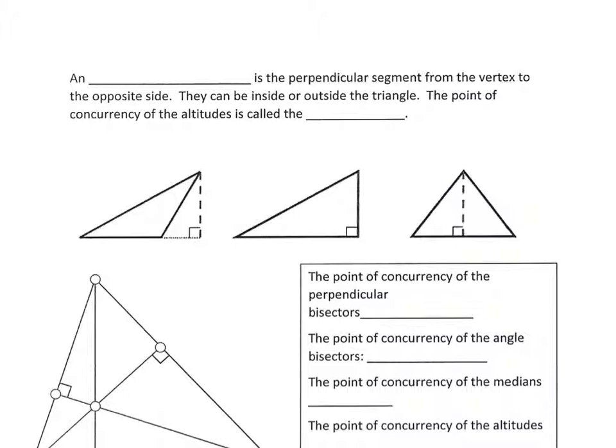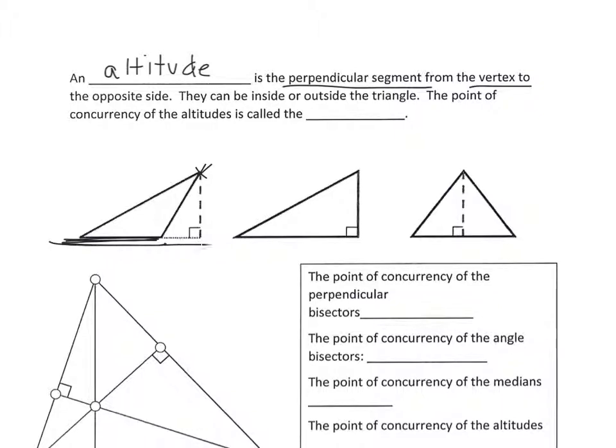And altitude, another segment in a triangle, is the perpendicular segment from the vertex to the opposite side. An altitude can either be inside the triangle or outside the triangle. Here's an example that's outside the triangle. You start at this vertex and you're trying to hit the opposite side, going perpendicular to it.